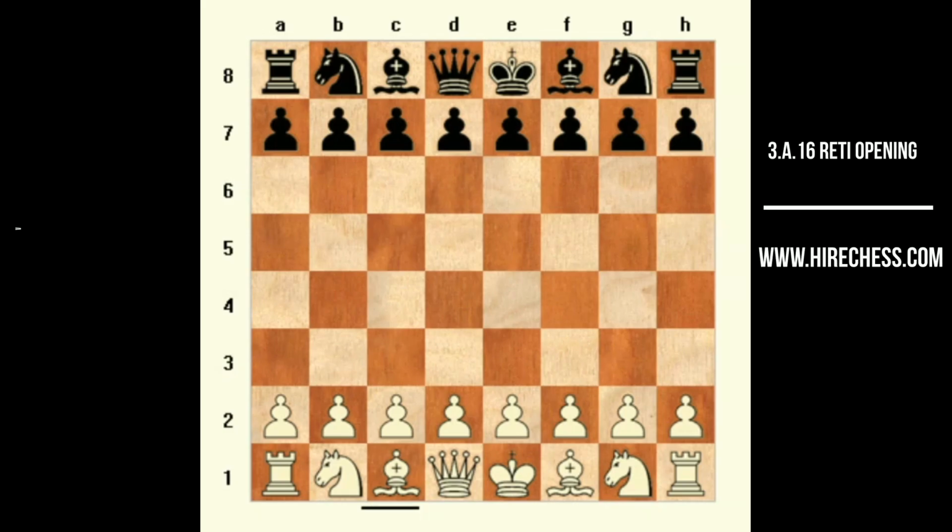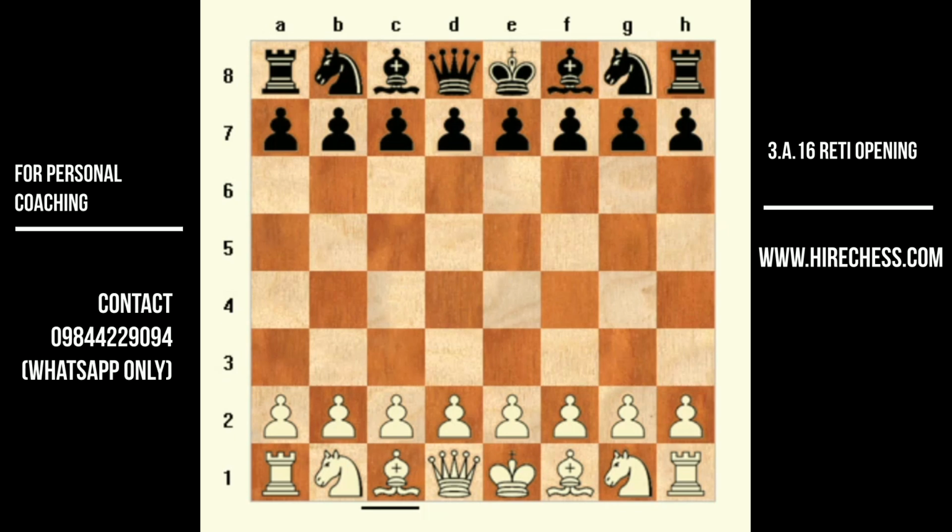In this video, we will learn Reti opening 16th variation under equal advantage category. Knight f3, black moves d5, white opens pawn to g3, planning for fianchetto.